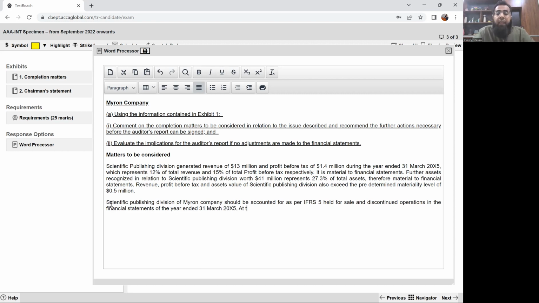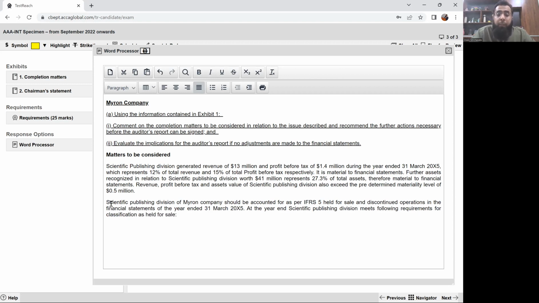Okay? At the year end, Scientific Publishing Division meets the following requirements for classification as held for sale.